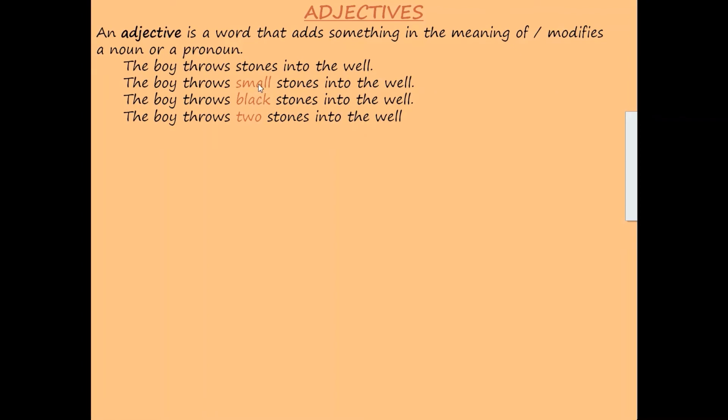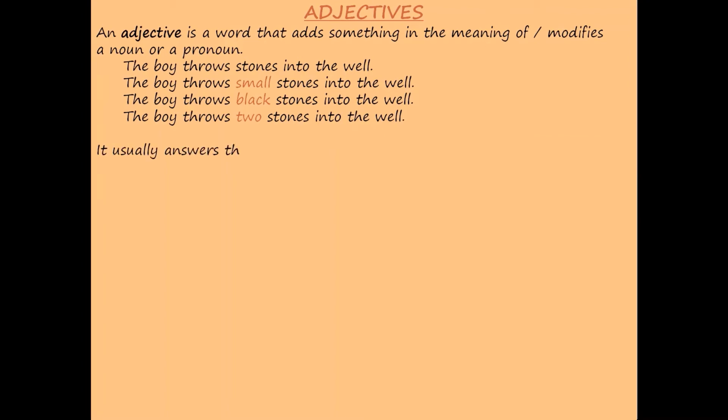Here in the second example, the stones were small, and now in the third example, stones are black. We can say something is added in the meaning of stones. And here in the last sentence, we can see stones are two. So now here, stones are given a definite number. So an adjective changes the meaning of a noun, or something is added in the meaning of a noun or pronoun by the use of an adjective.